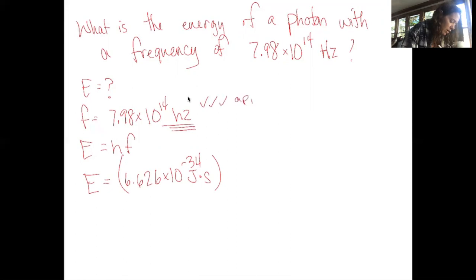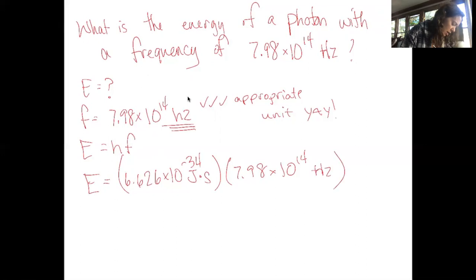So I do not need to make a conversion. Yay, right? So I can just plug that number in as is because the units are hertz and my seconds are opposites, so they will cancel. And I will multiply these values.